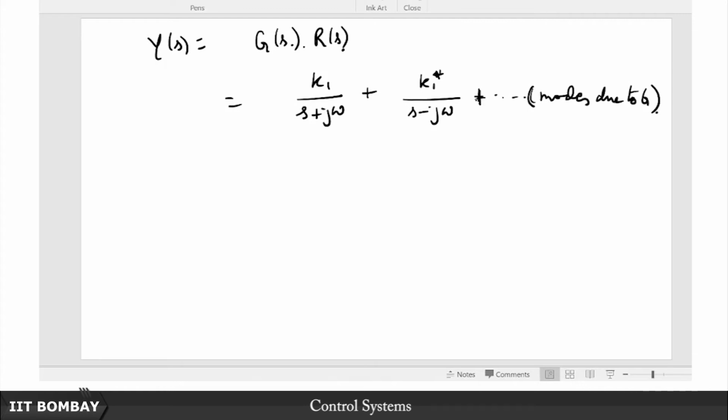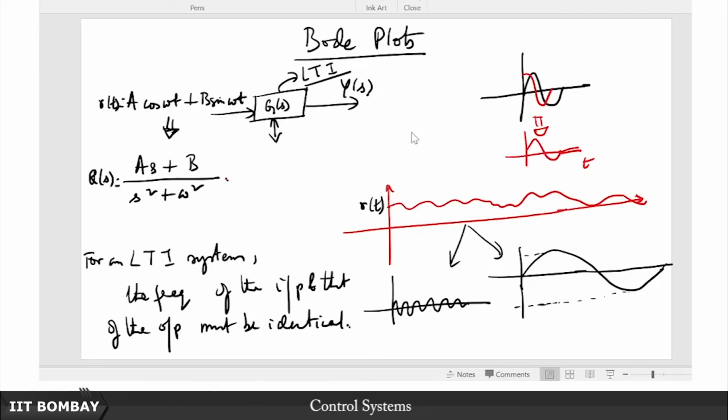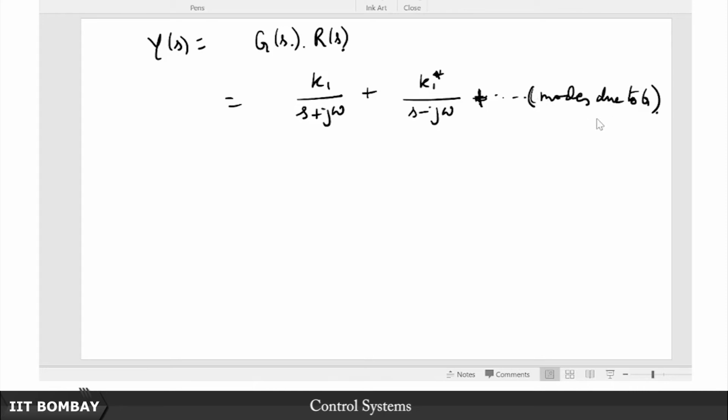So naturally, if you give a particular input to the system of a particular frequency, your output cannot contain signals of other frequencies. Of course you might argue that, hey, look, there are these modes due to the other poles of g.